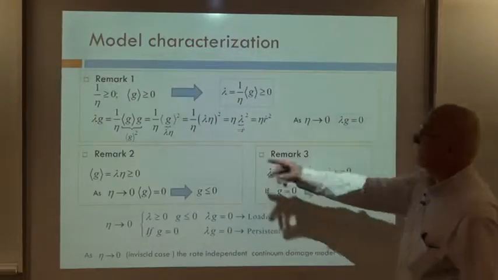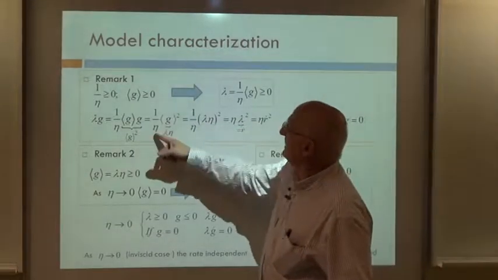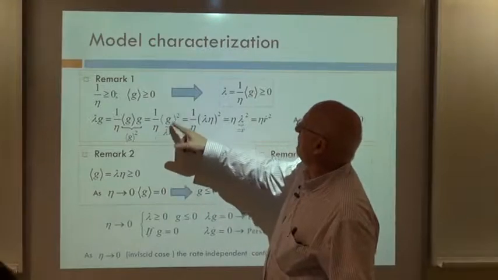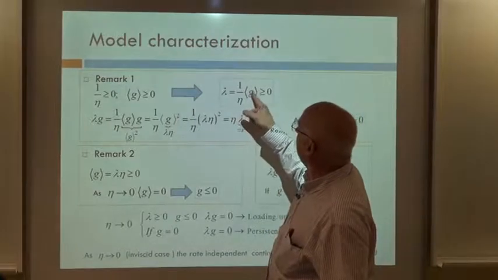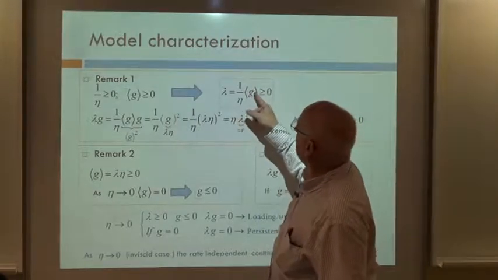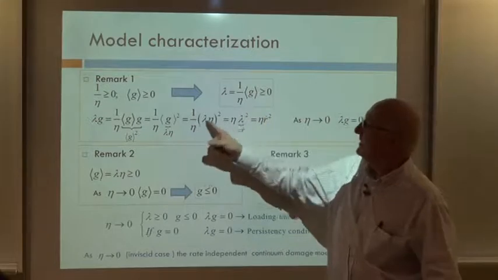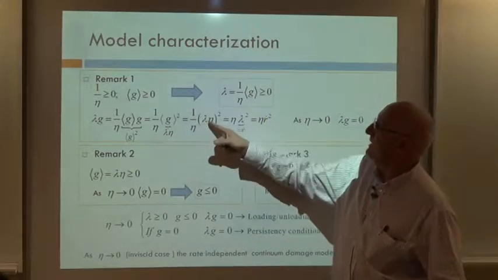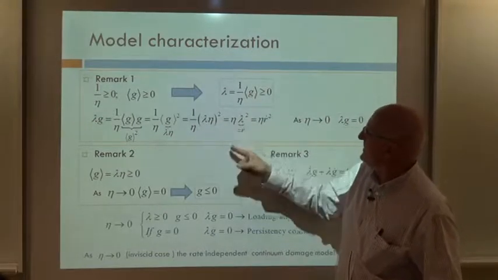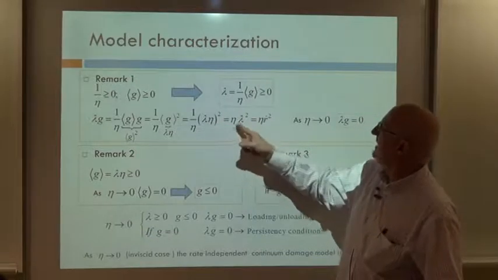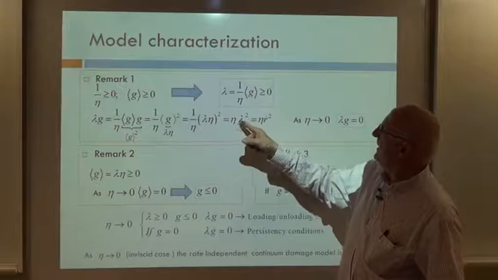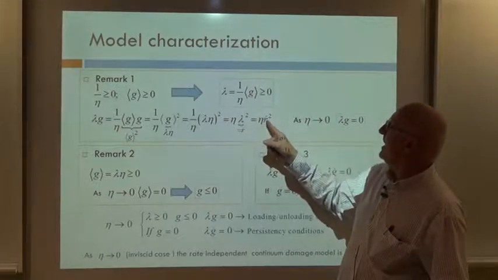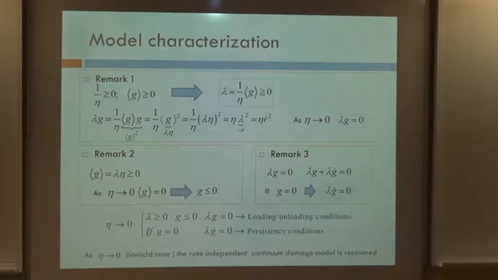So this is a trivial result. This can be written as 1 over eta of the Macaulay bracket of G squared. Then I replace this equation: the Macaulay bracket of G is eta lambda. So this is 1 over eta times lambda squared eta squared. I just simplify by eta, and that gives lambda squared eta. So that is eta r squared.